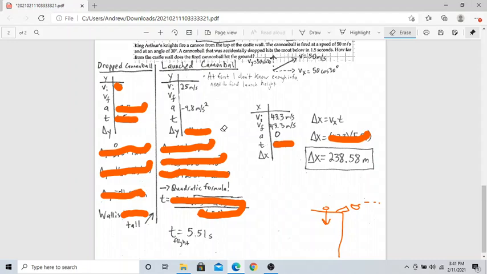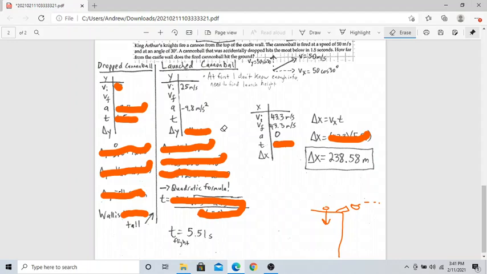All right? So we need to ask ourselves, is there a way we could figure out the launch height based off of something else that's given to me in the question? And if we take a look at what it says, you'll notice there's a reason I read about the other cannonball. It says the other cannonball was accidentally dropped, so it only has Y motion, and it takes 1.5 seconds to hit the ground.